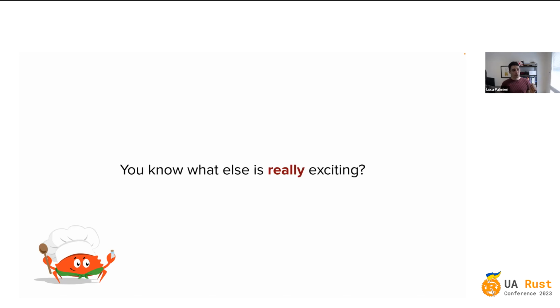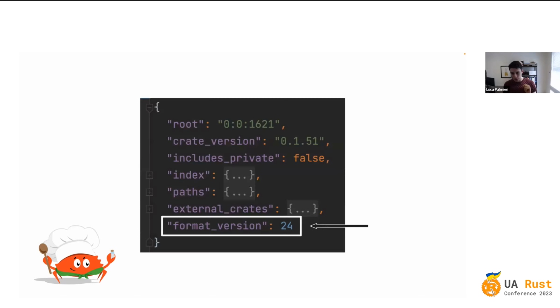Now, the other thing that is really exciting is that this thing is versioned. And this is very, very important. The reason procedural macros can do so little, as in the reason they're forced to work with tokens, is because Rust as a project doesn't want to stabilize internal implementation details of Rust the compiler or Rust the language.